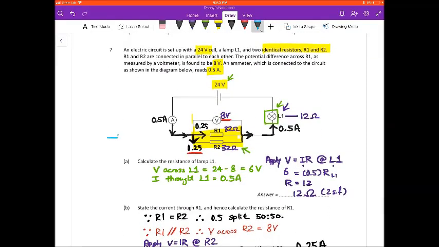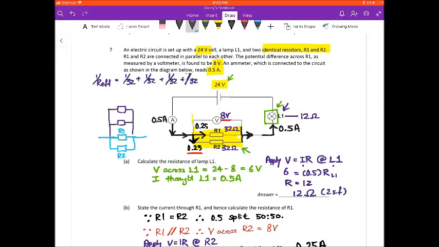If now you have R1 and R2 in parallel, if you decided that you want to add more, let's say you add one more and one more, and they are all identical, I'll let you compare. 1 over R effective. Now you have 1 over 32 plus 1 over 32 plus 1 over 32 plus 1 over 32.